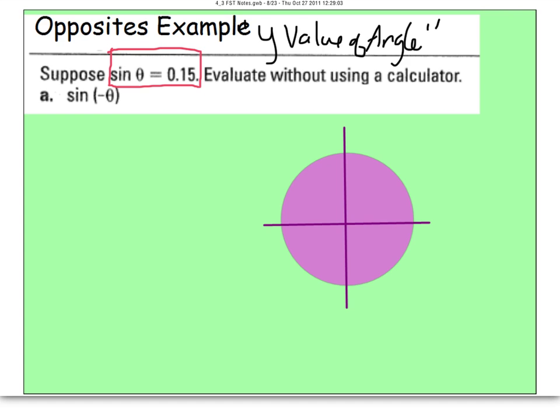The y value of the angle is 0.15. So what they're telling me is that I know this about the ordered pair. Well, where do we land on the unit circle for this? I don't know if I go right or left, but I do know I go up about 0.15. So up about 0.15 would land me maybe here.